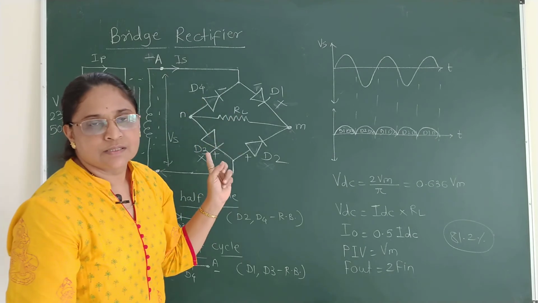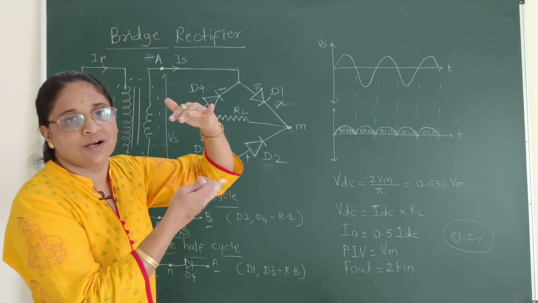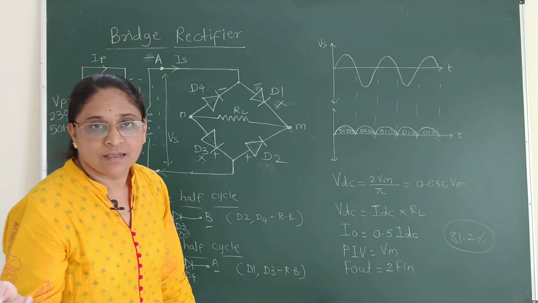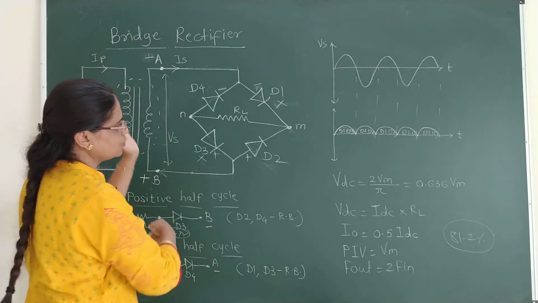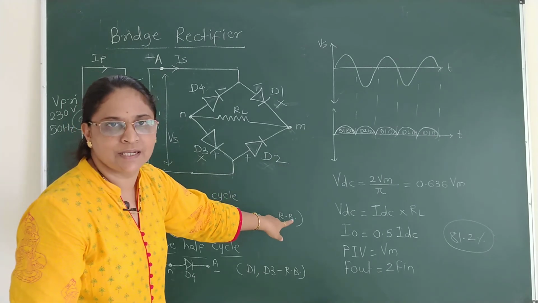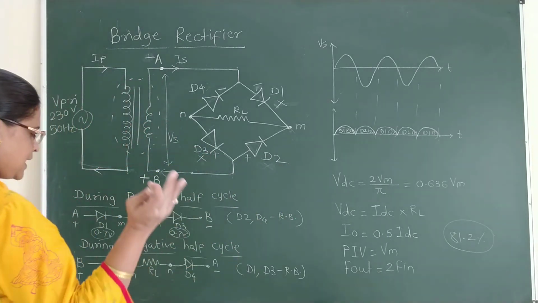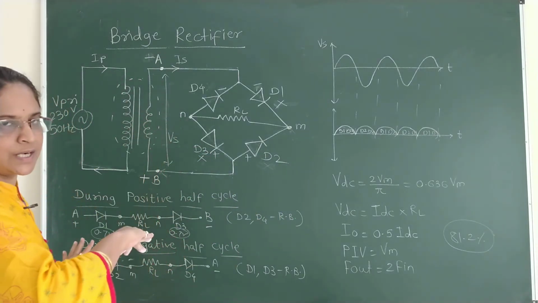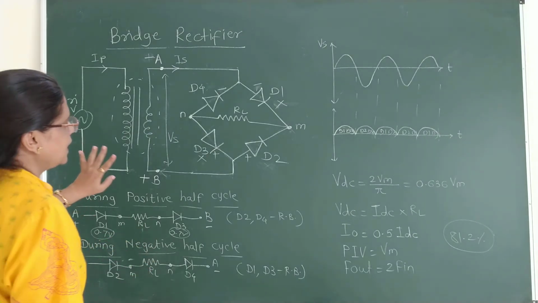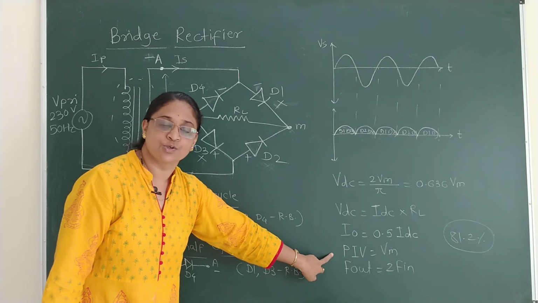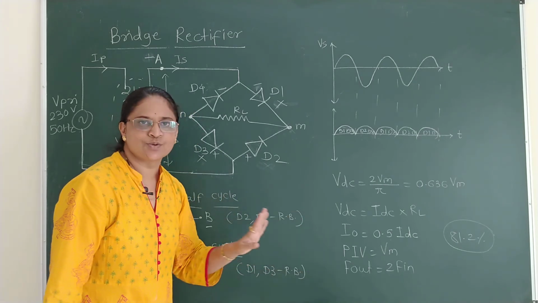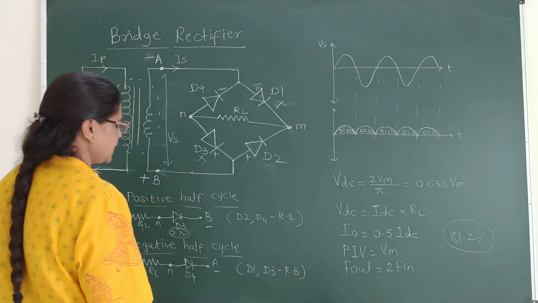But for the center tap full wave rectifier, only half, 20 volt, gets used for the conducting stage. Here the total secondary voltage is used, so double voltage appears at the output of the bridge rectifier as compared to the full wave rectifier using center tap, and the PIV rating in the center tap full wave rectifier was twice Vm. Here it needs only Vm as the PIV.